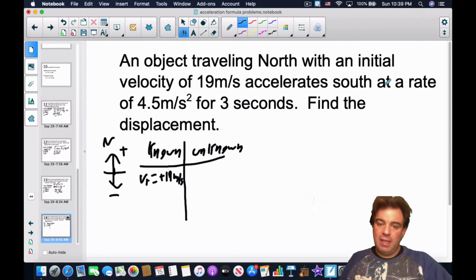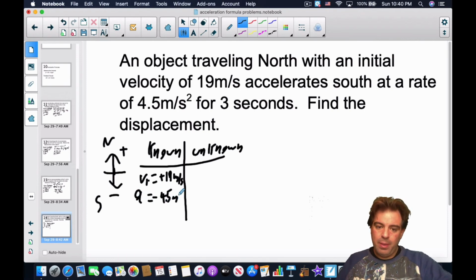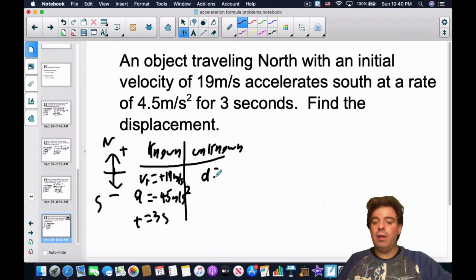It says accelerates south at a rate of 4.5 meters per second squared. So south, we see right here, is going to be negative because they're pointing in opposite directions, and these are vector quantities. So the acceleration now is going to be negative 4.5 meters per second squared. For 3 seconds, and time, of course, is going to be 3 seconds, and they're asking us to find the displacement, or the distance.